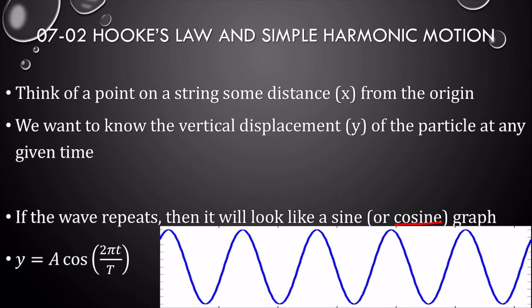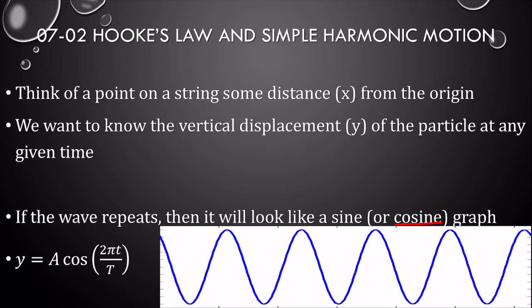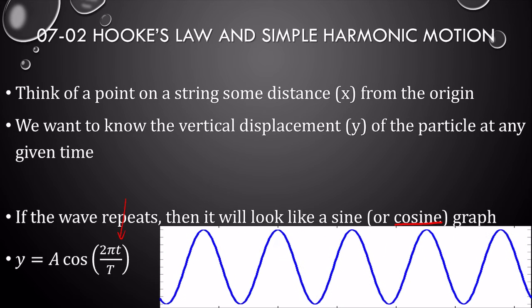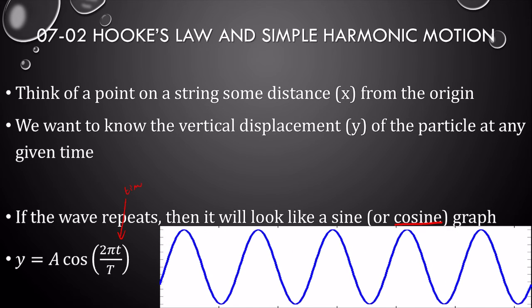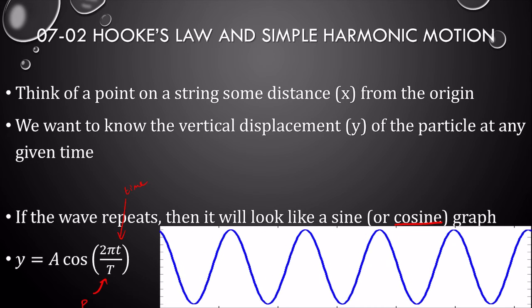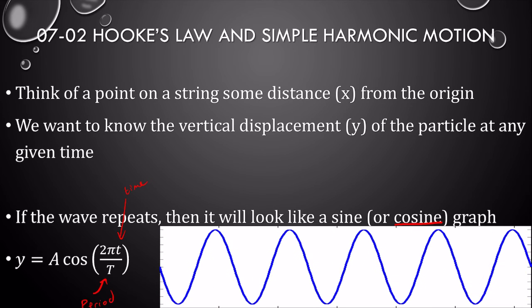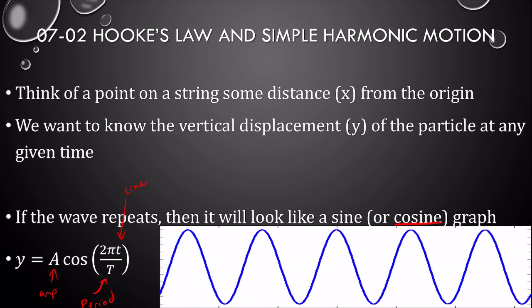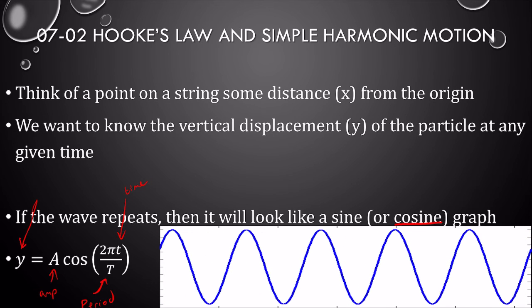So your function will be y equals A cosine of 2 pi t over T, where t is time and the capital T is the period, and the A is the amplitude and y is the vertical displacement.